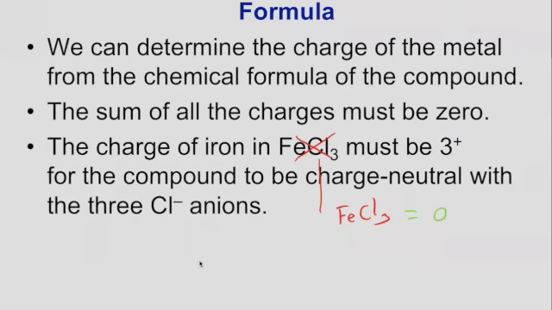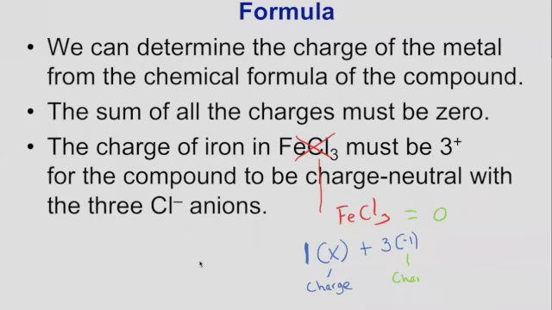So what you're going to do is, we are solving for the charge of iron. We have 1 iron. We're going to call that charge X, plus 3 chlorines. And the charge of chlorine is going to be -1, because remember, it's a halogen.